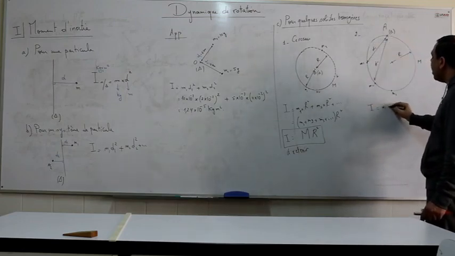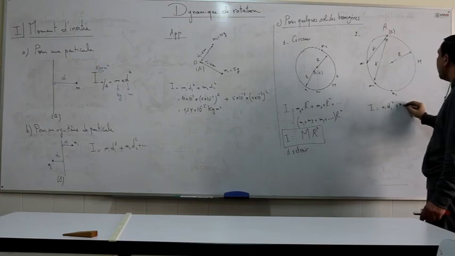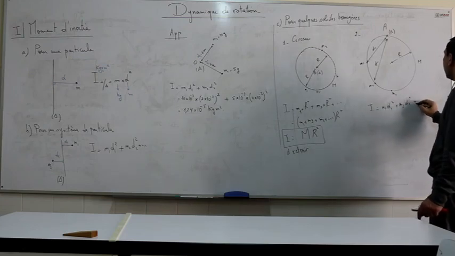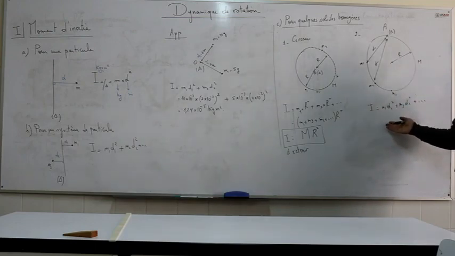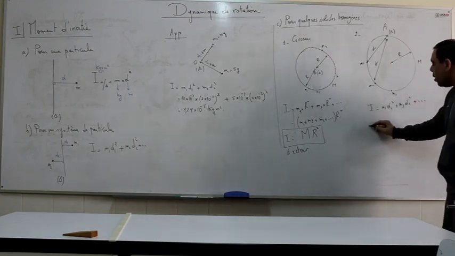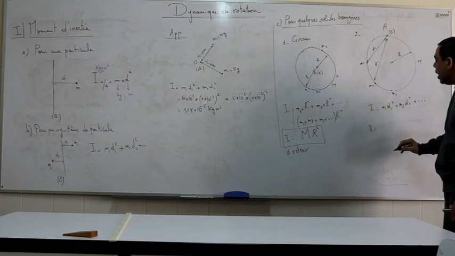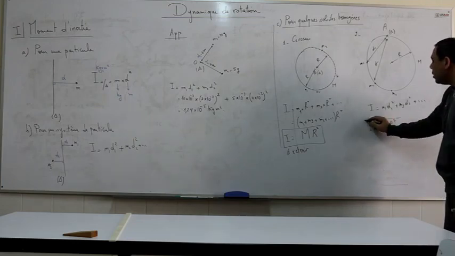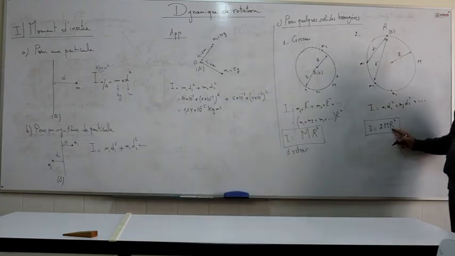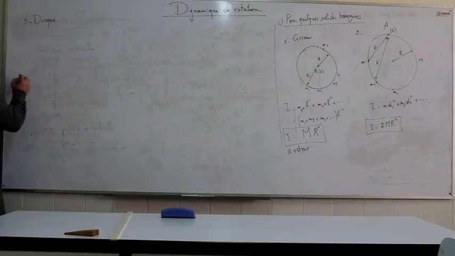Thus, I equals m1 d1 squared plus m2 d2 squared plus etc. But the square of the distance cannot be taken as a common factor here. And consequently, after some calculations, I equals 2m r squared, which is not to be memorized.